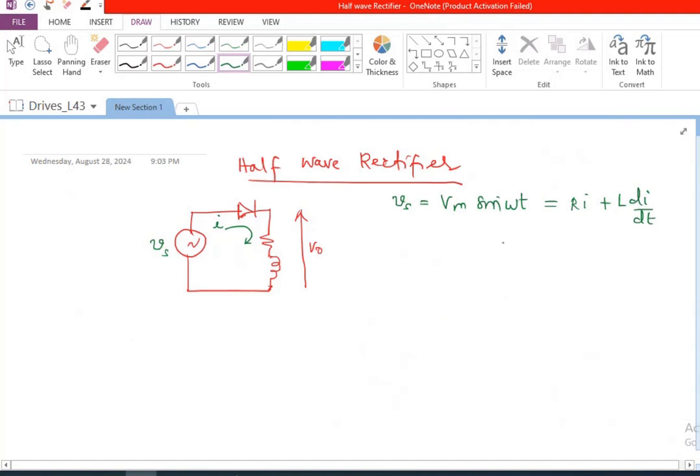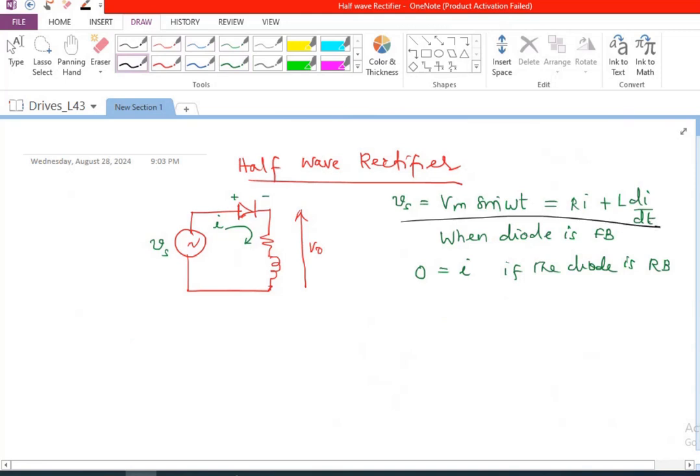And this is true when the diode is forward biased. This equation will be valid when the diode is forward biased, whereas current will be equal to 0 if the diode is reverse biased. Forward biasing is when I have plus here and minus here. That is, anode is more positive with respect to cathode. At that point, this is going to be the equation which is governing the operation of the circuit.